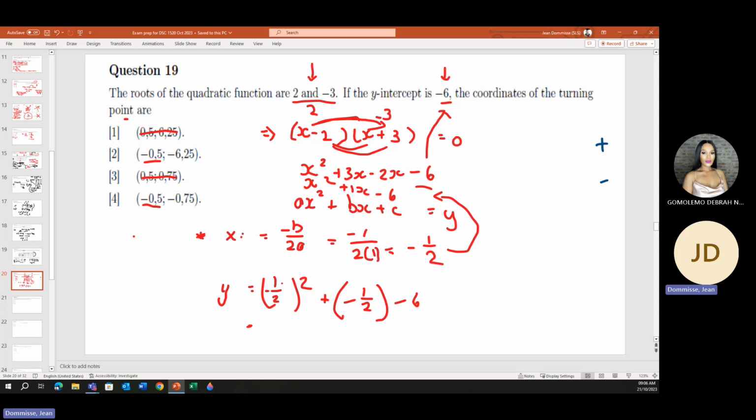Yeah, so in this instance, minus a half times minus a half will be positive 1 over 4. Just that stays minus a half. That stays minus 6. So our final answer will be minus 6 and a quarter. Okay, so we can then go to our answer set and check for minus 6.25. And then we get that as option 2.